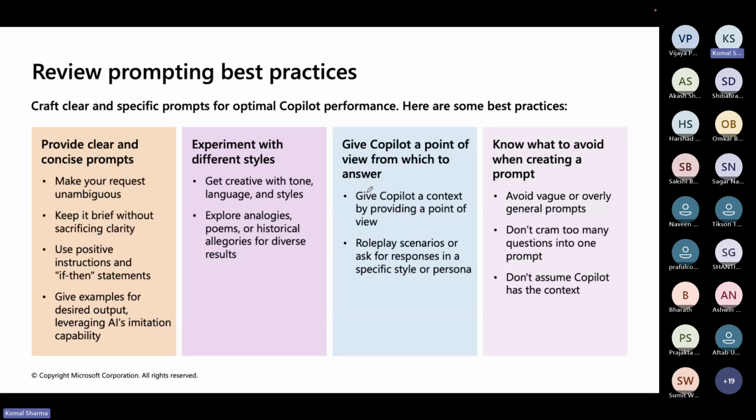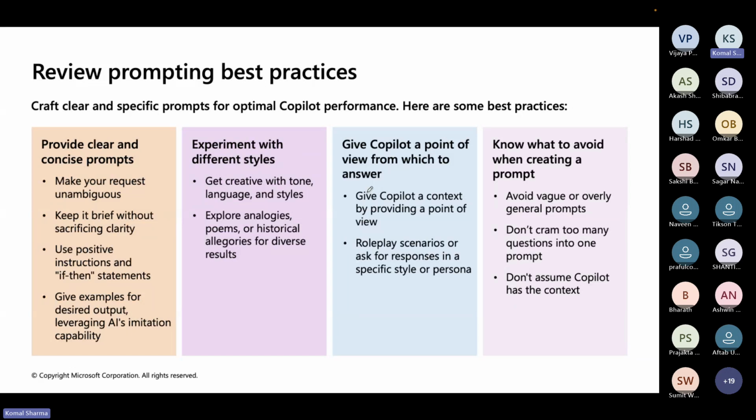So to make it more clear, you can write the second prompt and so on. You can refine it. Okay. You can experiment with different styles. Let's say in my Word document, I was trying to get the response in three ways. Let's say I asked Copilot to regenerate it. And let's say I will mention to change the tone, change the style, and so on.